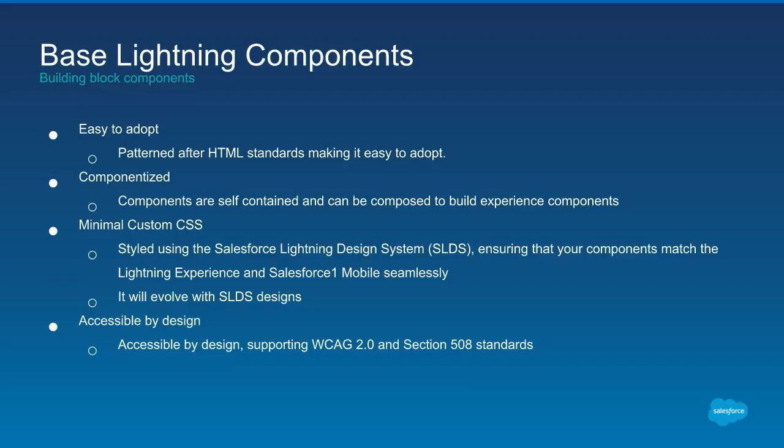We wanted our customers to do minimal CSS, so you have to work with HTML or CSS as little as possible. So our components have adopted the SLDS markup. That's Salesforce Lightning Design System markup. And the best thing is, as the design system evolves, our components will also evolve with it. So there's not going to be any breakage. The customers don't have to worry about it. So today, when you're building with Lightning, if you want SLDS, you used to have to bring it in as a static resource.